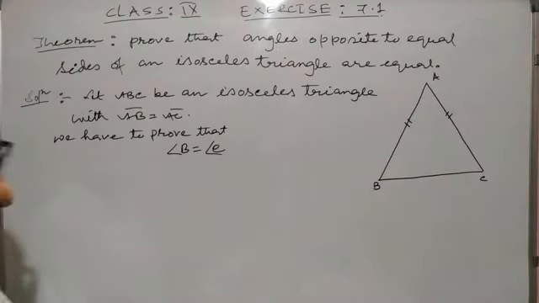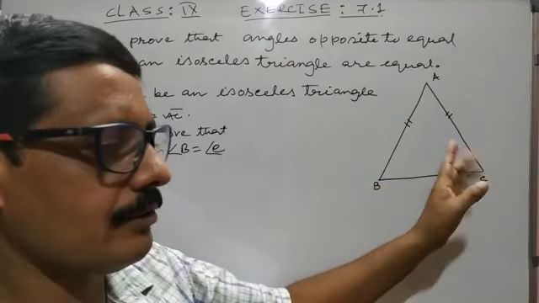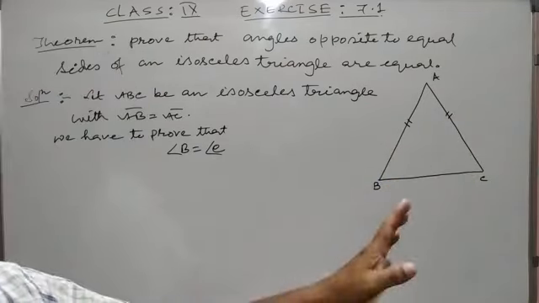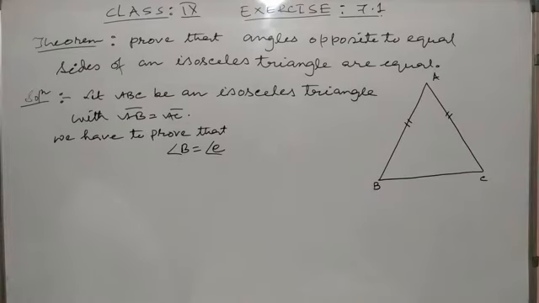Now we are given that AB equal to AC, and we have to prove that angle B equal to angle C. The given information is not sufficient to prove it. So that is why we need to draw a construction. So what will be the construction here?